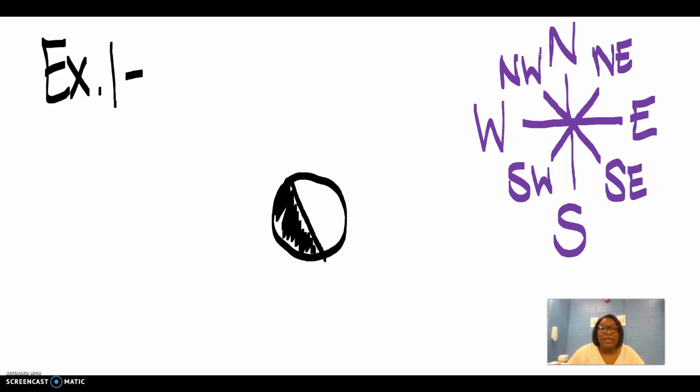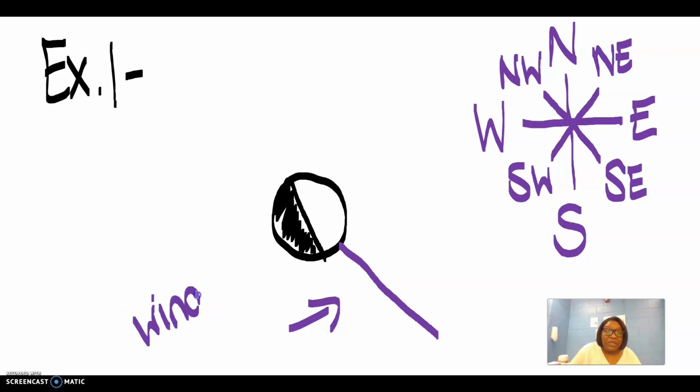The second part here of our notes, we're going to talk about wind direction. You may see a bar extending from our cloud covered circle. This bar tells us the wind direction.